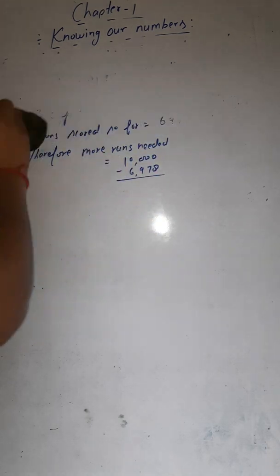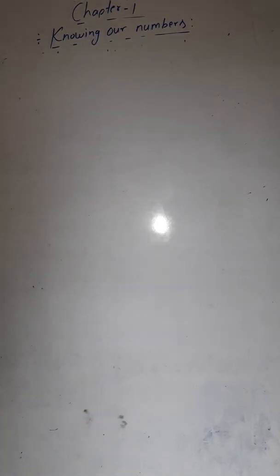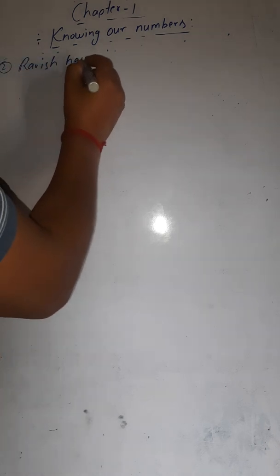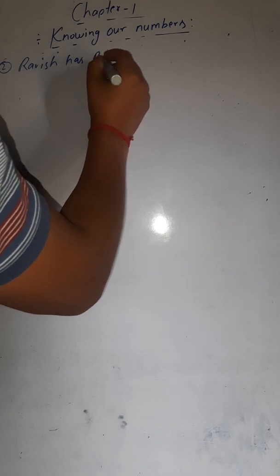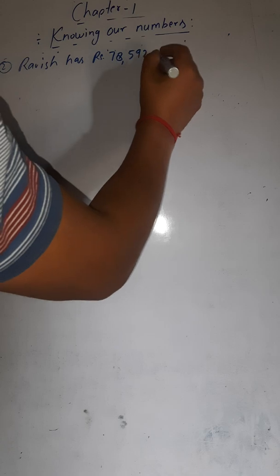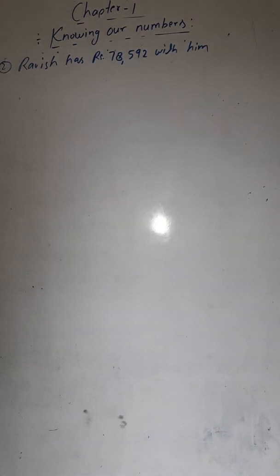So the second question is: Ravi has rupees 78,592 with him.